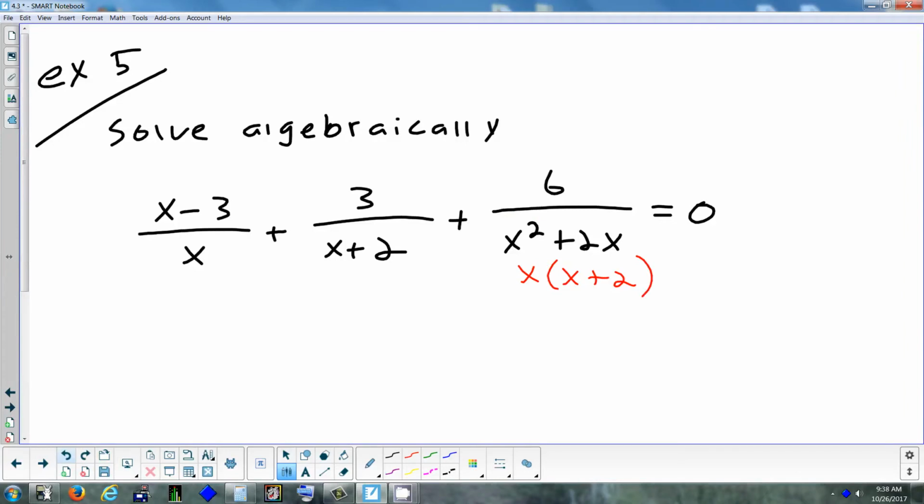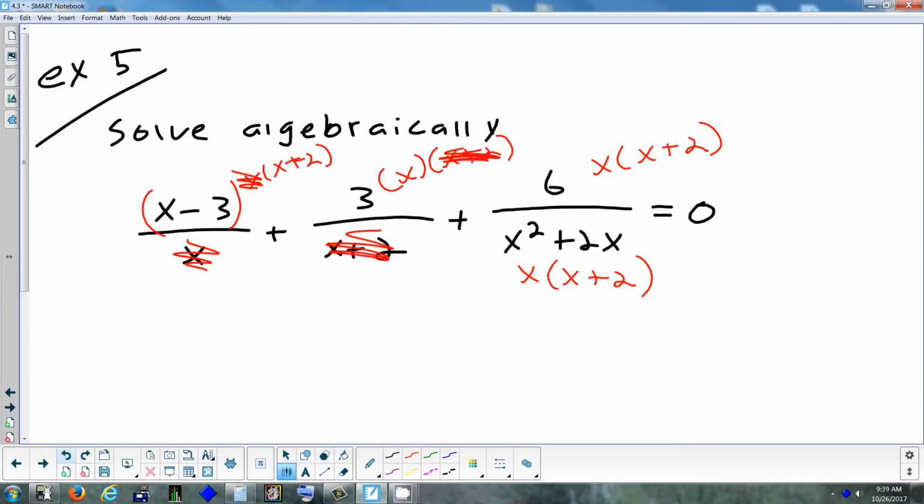So multiply everything through by x plus 2. X plus 2, x plus 2, x plus 2. Abby, what's going to cancel out in the first fraction? X. X. Shauna, what's going to cancel out in the second fraction?